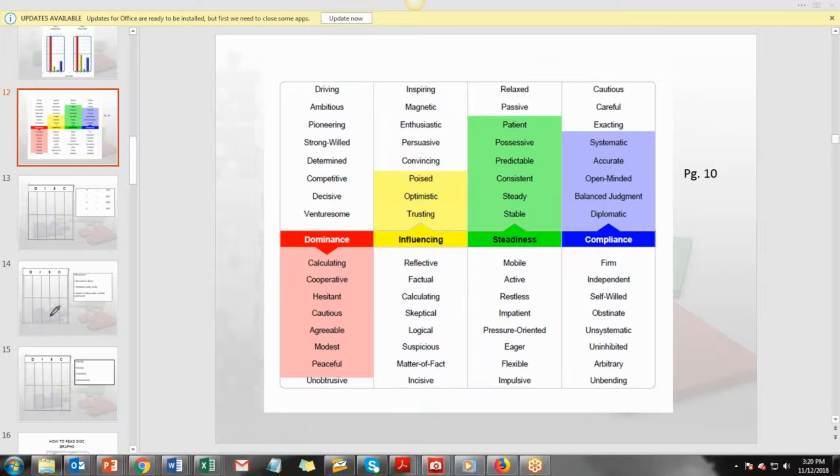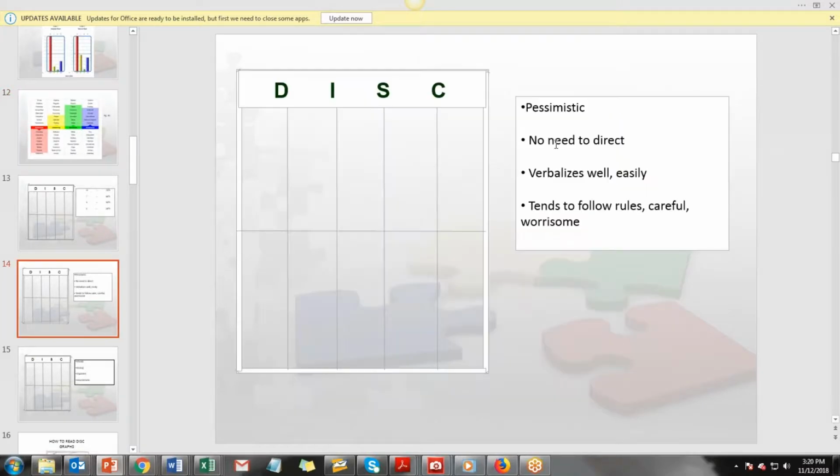If we go to the next one, and I say this person has no need to direct, where would they appear? Just speak it out if you know it. Would that be a low D? It would be a low D. That's correct. So it would be somewhere down here.